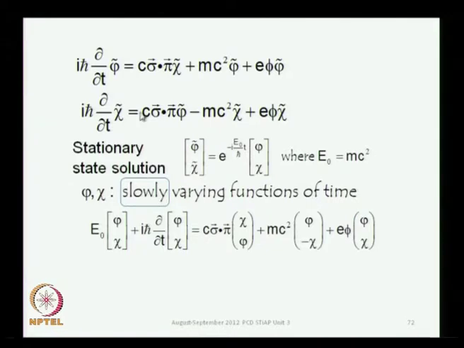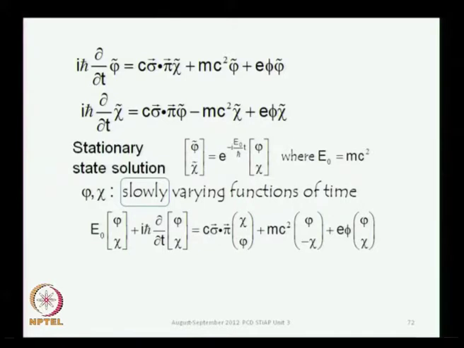So, let us now take the time derivative of phi tilde and chi tilde. You will of course get the e to the minus, this is the simple exponential function, you can take its differential with respect to time, and then you will have this e to the minus i E0 over h cross extracted. When you take the derivative with respect to time, this will cancel the corresponding term on the right hand side, and you now get an equation of this form.